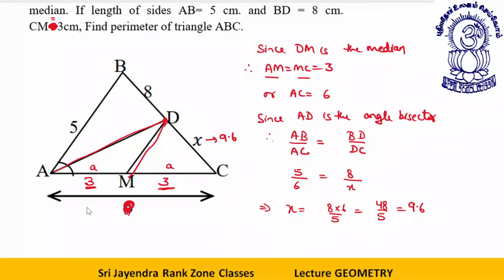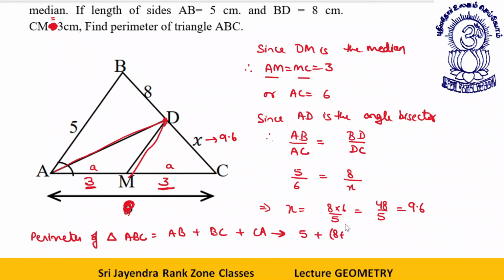You need the perimeter. So the perimeter of triangle ABC is equal to AB plus BC plus CA. What is AB? AB is already given 5.